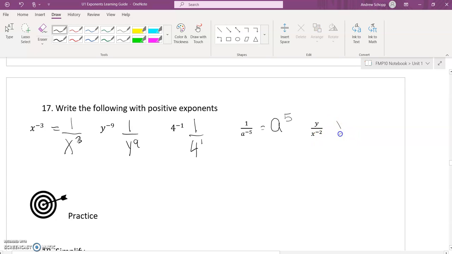I can rewrite this one as y times 1 over x to the power of negative 2. And you can see now if I separate those two pieces, the y doesn't change. But 1 over x to the power of negative 2 is x squared. So there you go. Go ahead and give the practice questions a try.